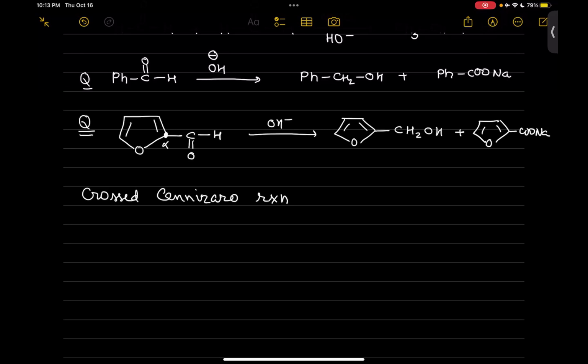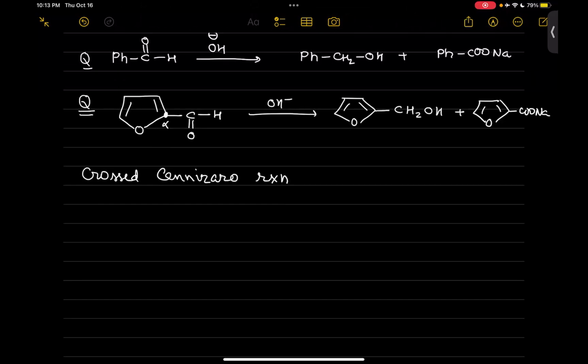What you will do is cross Cannizzaro, but cross Cannizzaro will pose a little bit of a challenge to us. It is between two different aldehydes and both of them do not possess any alpha hydrogen. Now one thing will come to your mind: whom should be oxidized and whom should be reduced?